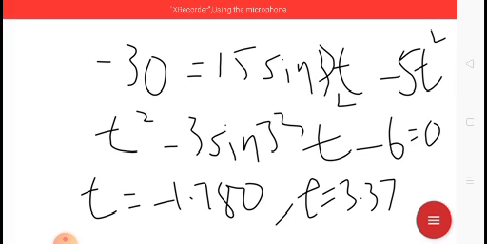In a normal situation t cannot be negative, so your only answer is t equal to 3.37 seconds.